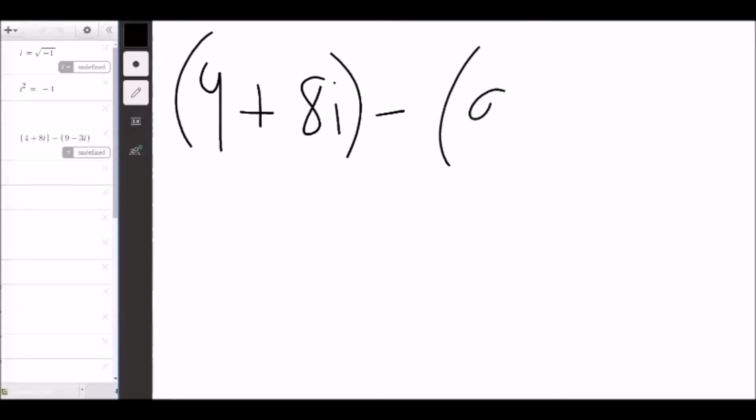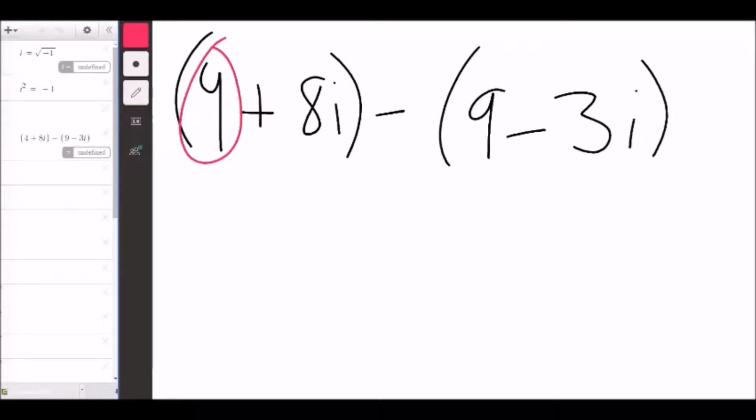So if we have a problem, 4 plus 8i minus 9 minus 3i, we're going to combine like terms. Since it's going to be 4 plus -9, that's going to equal -5.